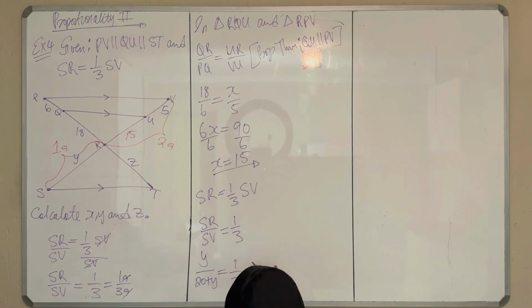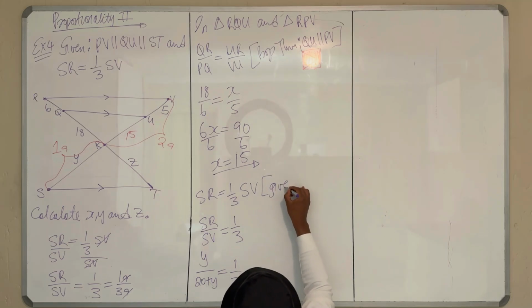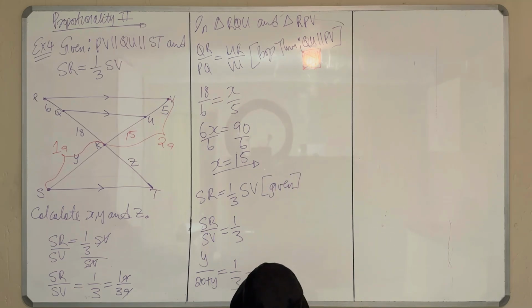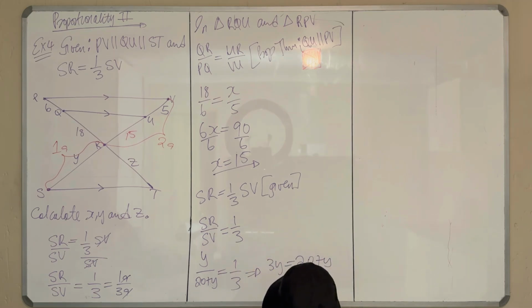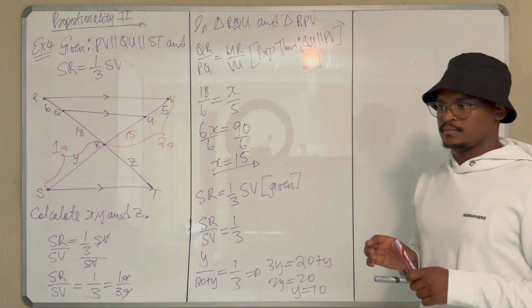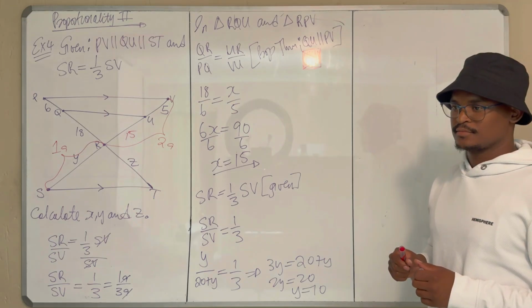Then from here, just simplify. Cross-multiplying, 3y is equal to 20 plus y. So 2y is equal to 20, which is y is equal to 10. Does it help?